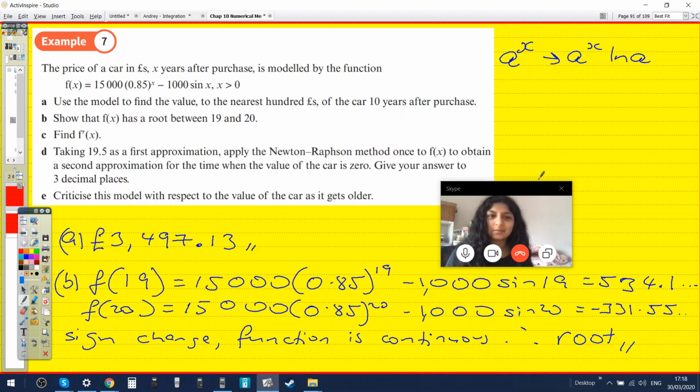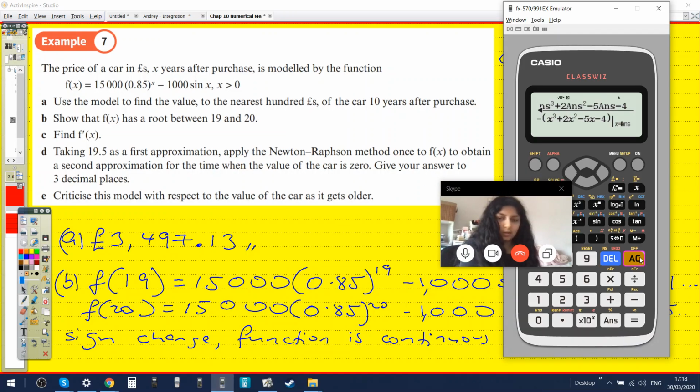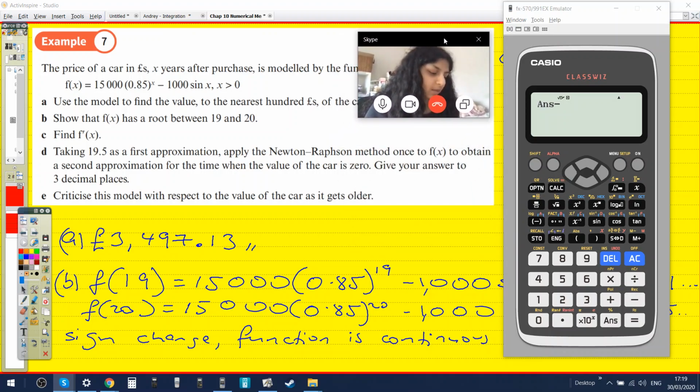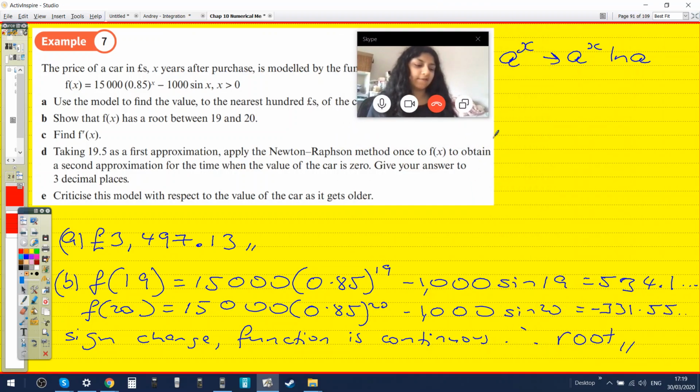I think that's it. I got 0.85 to the power of x times ln 0.85 plus cos x.